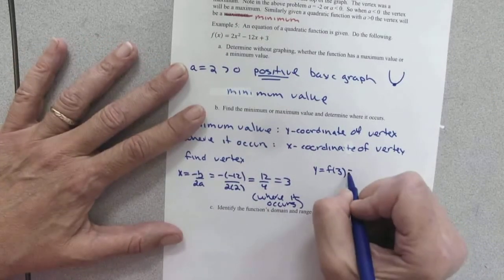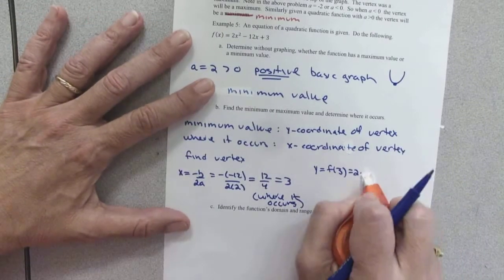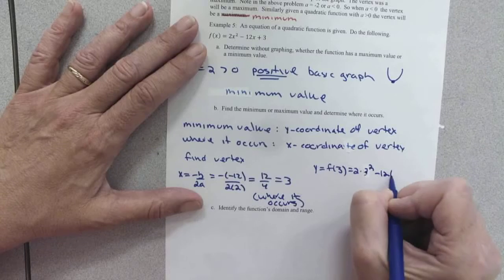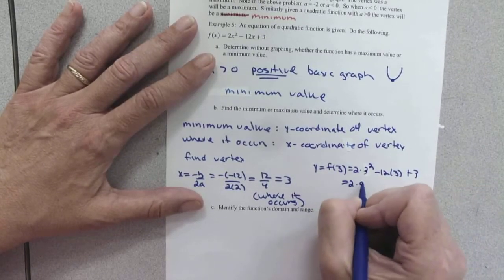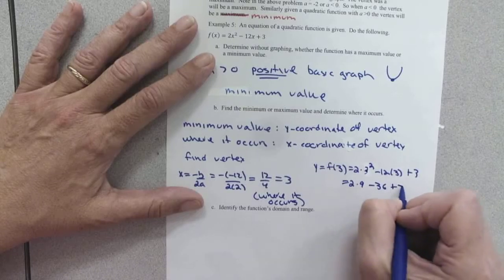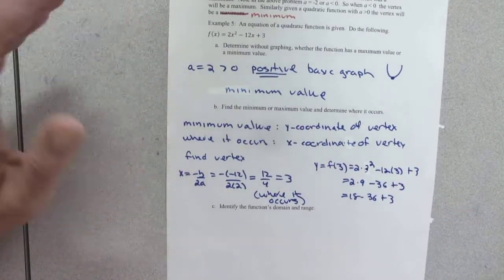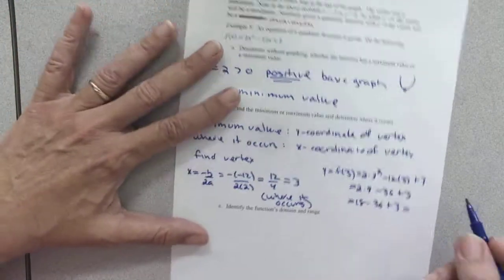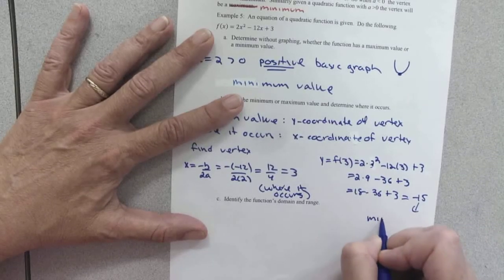So plugging 3 into my function, 2 times 3 squared minus 12 times 3 plus 3. So it's 2 times 9 minus 36 plus 3, 18 minus 36 plus 3, and that's -18, -15. And so there's my minimum value.